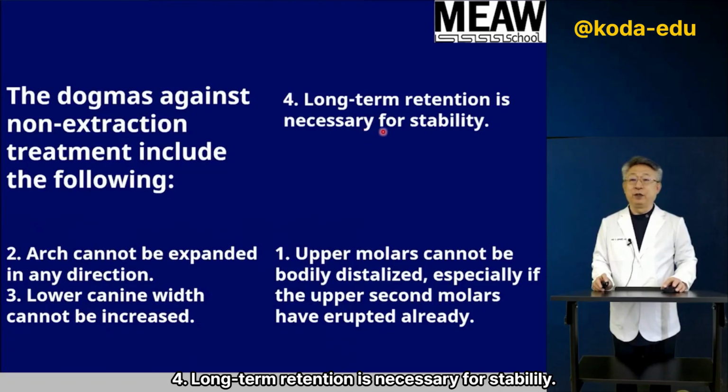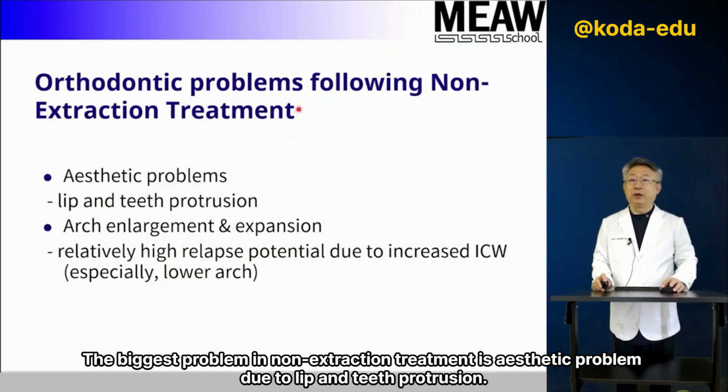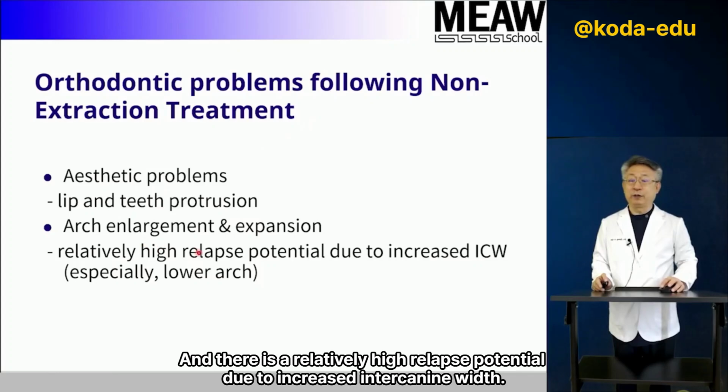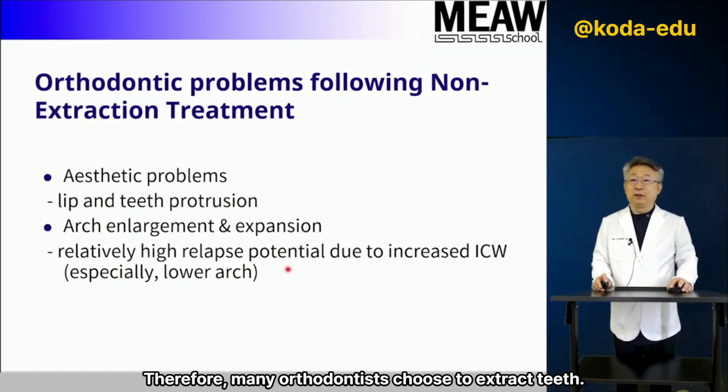Long-term retention is necessary for stability. The biggest problem in non-extraction treatment is an aesthetic problem due to lip and teeth protrusion. And there is a relatively high relapse potential due to increased intercanine width. Therefore, many orthodontists choose to extract teeth.